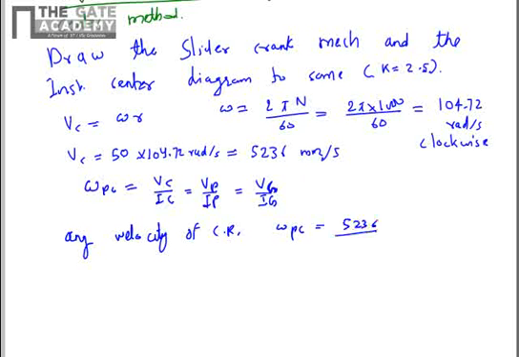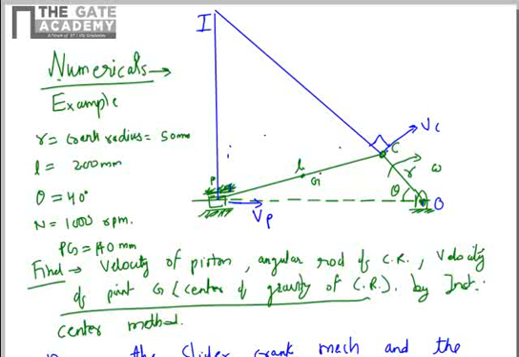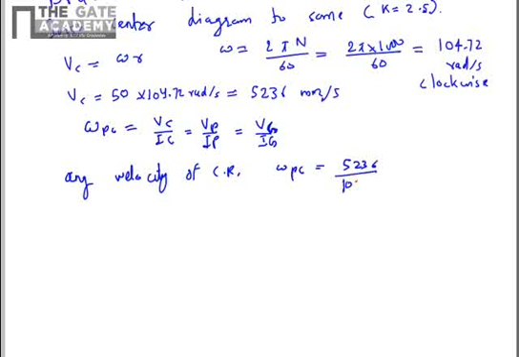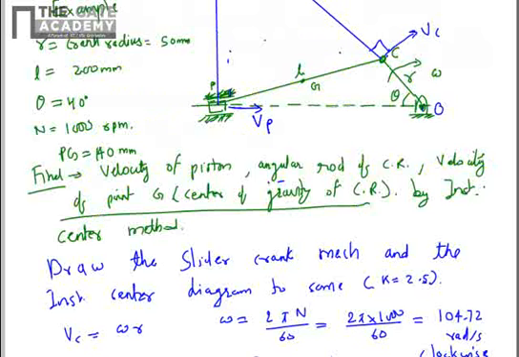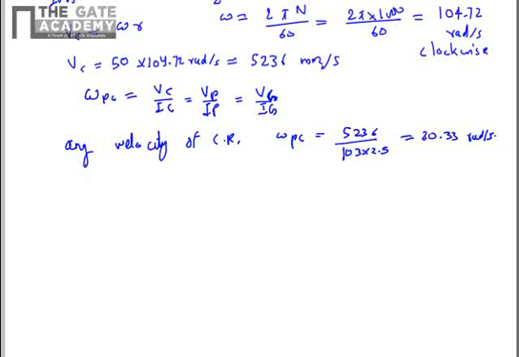Ic you can measure from this diagram. If you measure, you will find that Ic is equal to 103 in a scale of 2.5. Multiply with the scale factor for the diagram. This will be equal to 20.33 radian per second. This is the answer of part 2, angular velocity of connecting rod. Now to find the velocity of piston, Vp is equal to omega PC into Ip from this equation. So 20.33 multiplied by Ip distance.